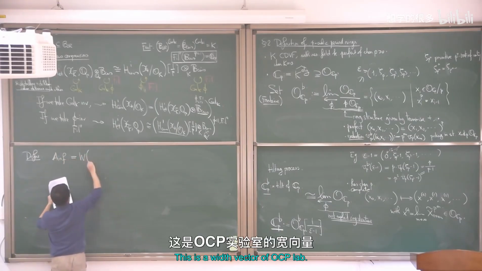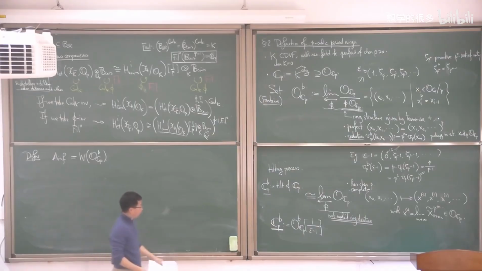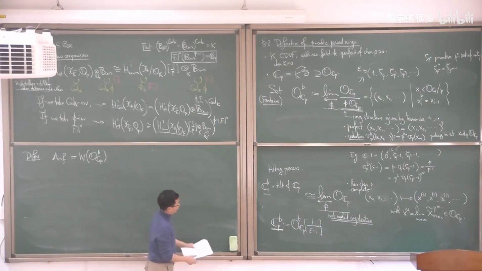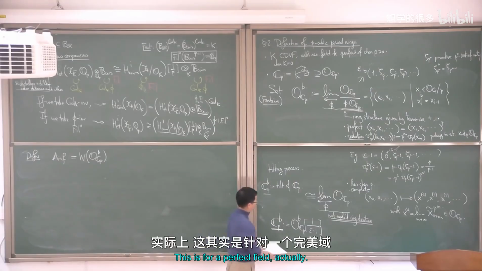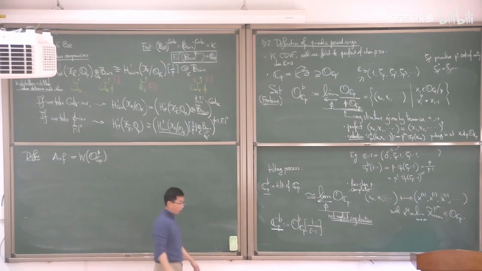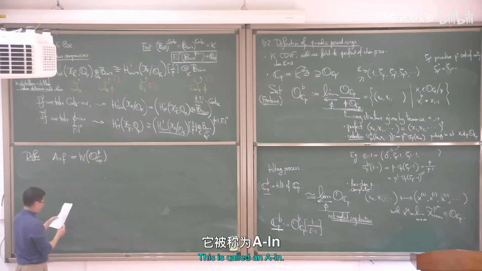This is the Witt vector of O_{C_p} flat. We've learned Witt vectors for a perfect field, but in fact the Witt vector works for a perfect ring as well. So this is a perfect ring, I take a Witt vector of that, and this is called A_inf.